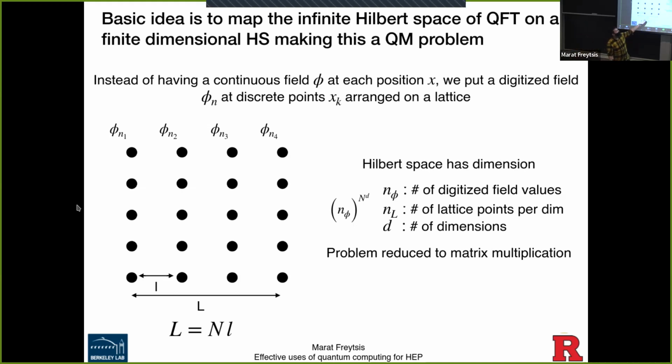So roughly it's going to scale as the number of digitized values that you need to encode at every single space-time point, and you're going to need n to the d number of those points for some d-dimensional lattice. The Hilbert space of this entire problem scales exponentially in the number of points. But once you've done that, in some sense, the problem can just be reduced to matrix quantum mechanics.